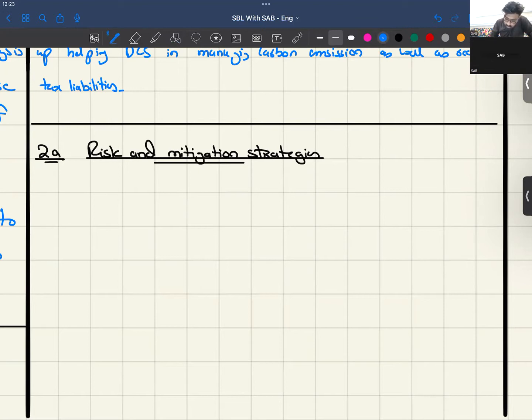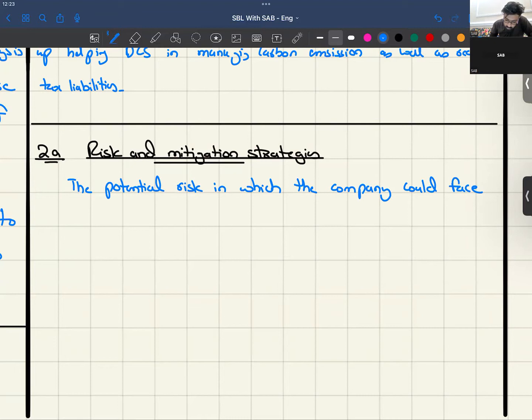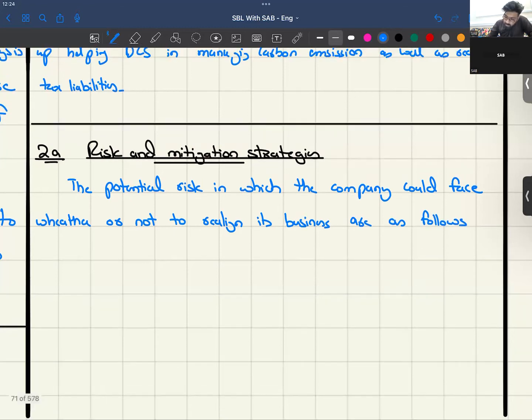The potential risks in which the company could face, whether or not to realign its business, are as follows, right?